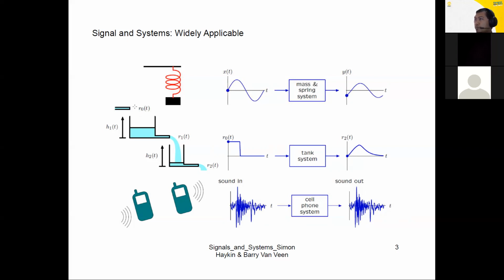In Bahasa Indonesia it is debit, in English it is flow rate. Given a two-level reservoir, we can analyze the output of the second reservoir.